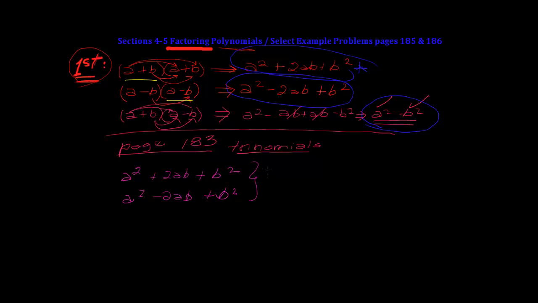Now, if we change the factor, meaning the number of times we multiply by these factors up here, then we get perfect cubes.